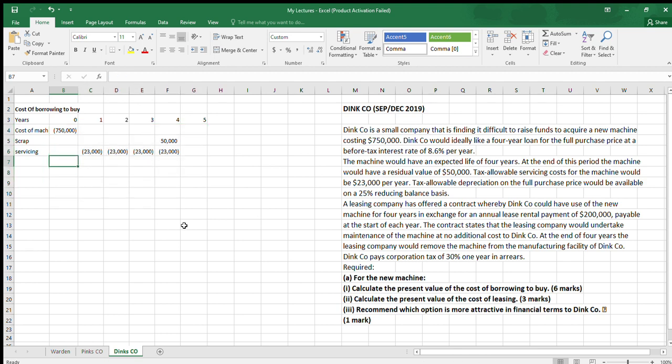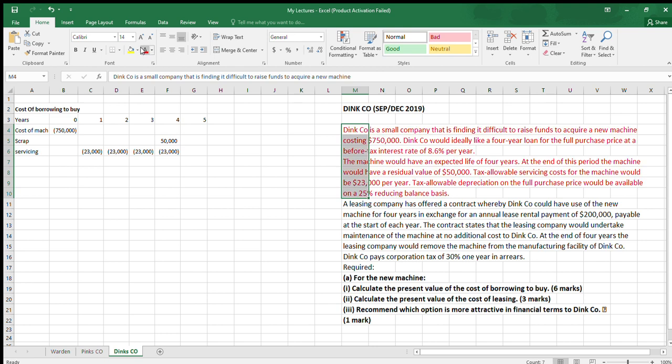Now, the question says that tax allowable depreciation on the full purchase price would be available on a 25% reducing balance basis. So all this information here is associated with the borrowing, because the next paragraph says that a leasing company has offered.